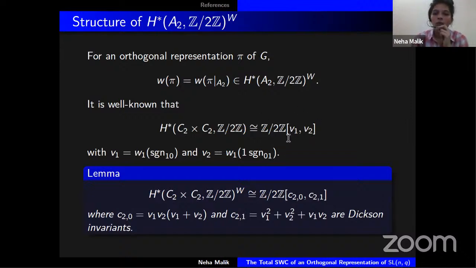So due to this observation, we can make use of the theory of Dickson invariants, and we get this ring of invariants to be isomorphic to Z/2Z in these two variables, where these c_{2,0} and c_{2,1} are Dickson invariants in V1 and V2.